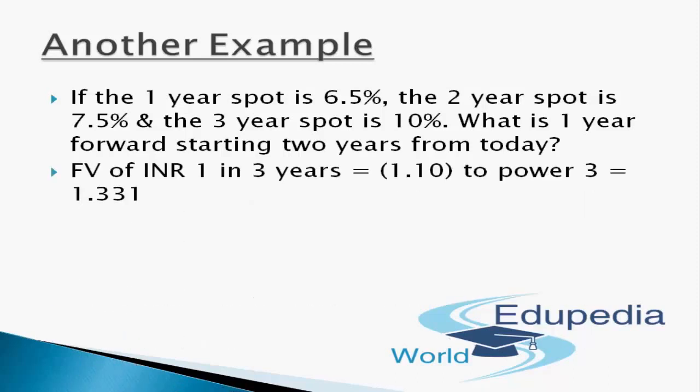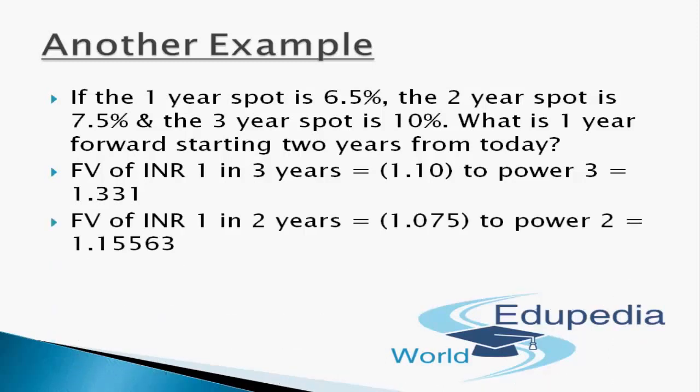We'll first calculate the future value of INR 1 in 3 years, and that would be 1.10 to the power 3. That would be 1.331, and the future value of INR 1 in directly 2 years. We are not supposed to multiply 1.065 by 1.075 now.